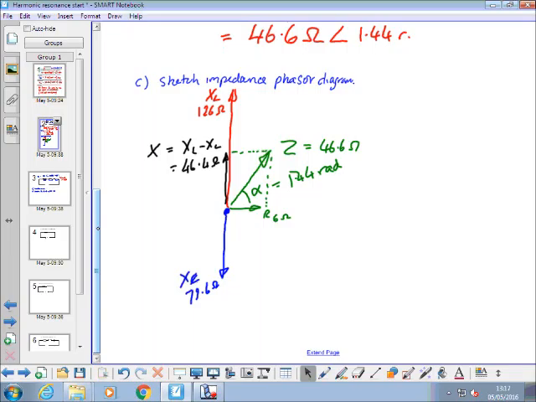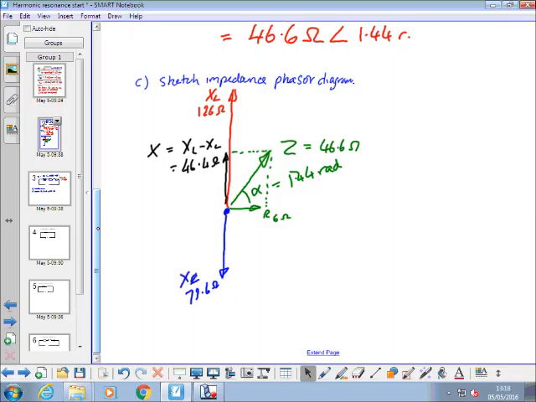Is the 1.44 rad about 90 degrees? Pi over 2 radians, 90 degrees, is about 1.57, so it's quite close to 90. In terms of scale, the resistance line here is over long.